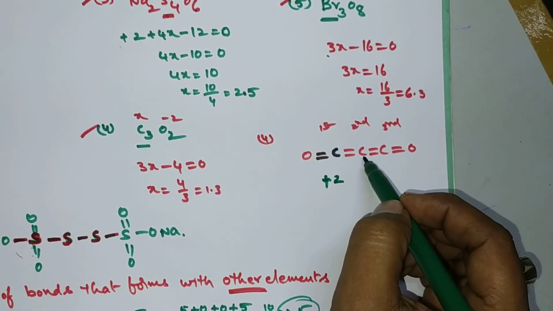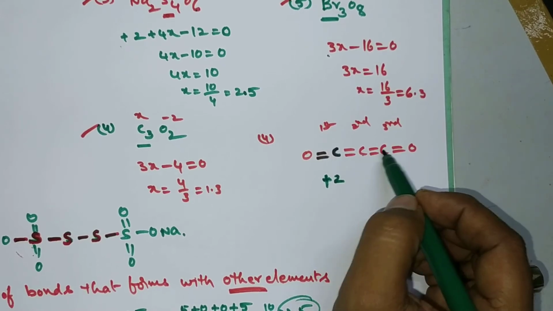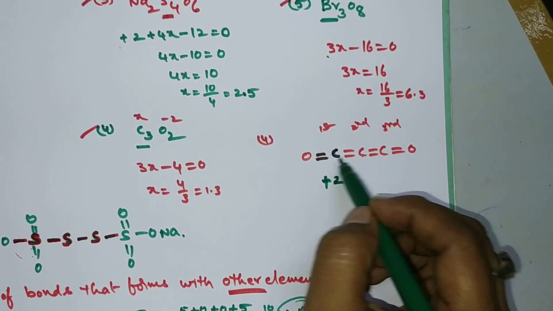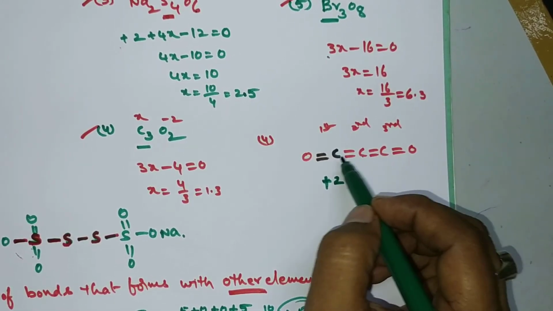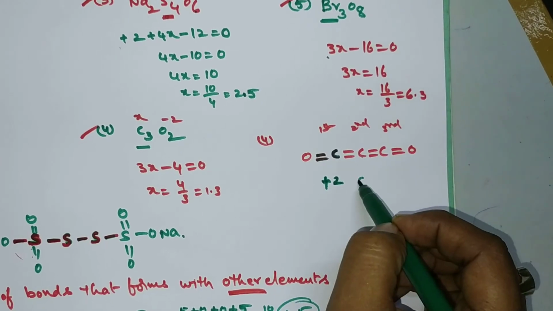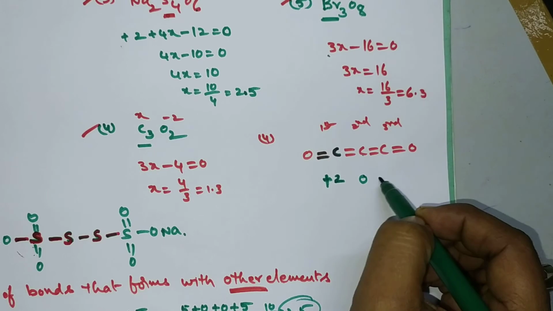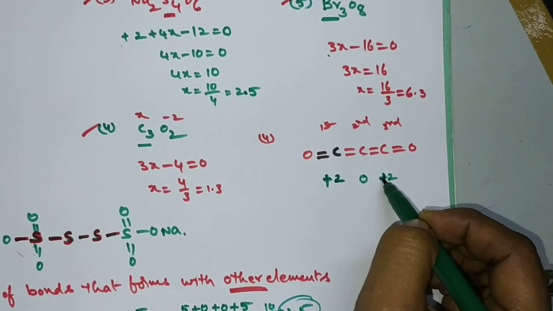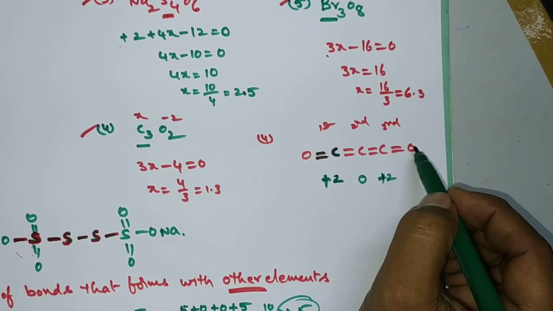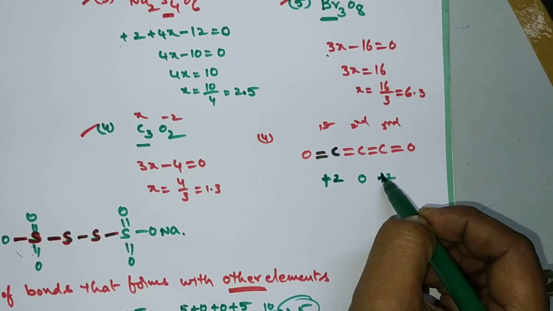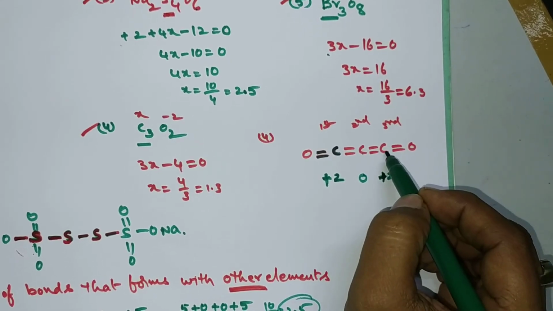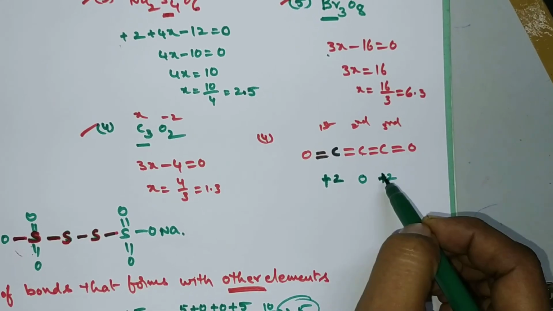And this carbon does not form bonds with other elements. It forms bonds with carbon only, so it will exhibit 0 oxidation state. Here this carbon exhibits again +2, since it forms 2 bonds with other elements, and it is plus because this carbon is less electronegative than oxygen.